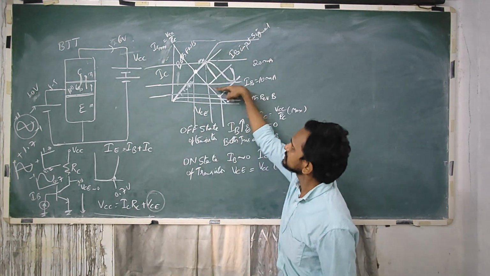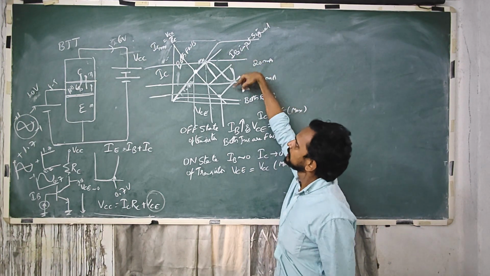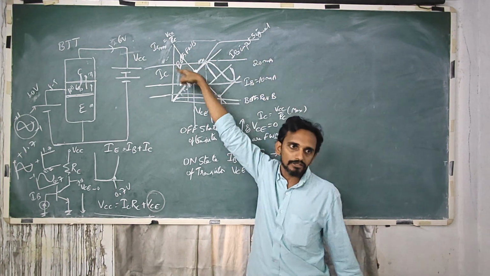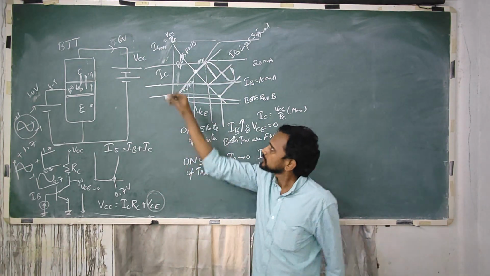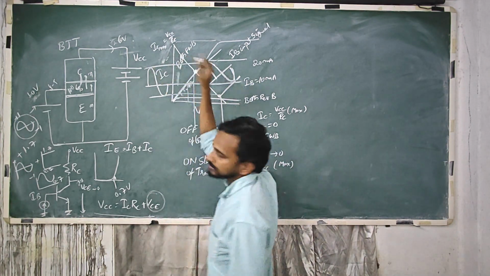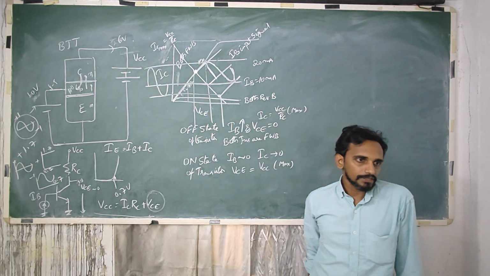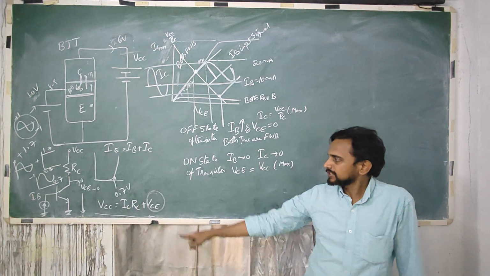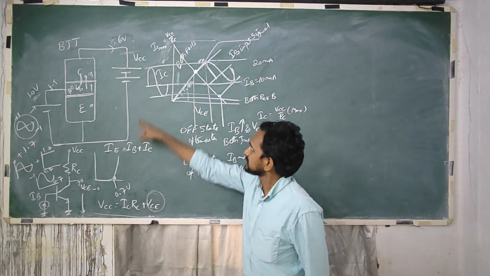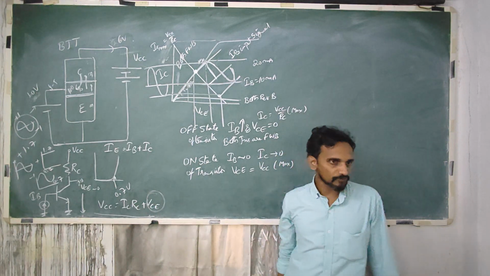Here IB is 0, here IB 10, IB 20. So IC increases and then falls, and this is what I get at IC. If I use this equation, since IC is varying like this, I keep RC as 1 for simplification.